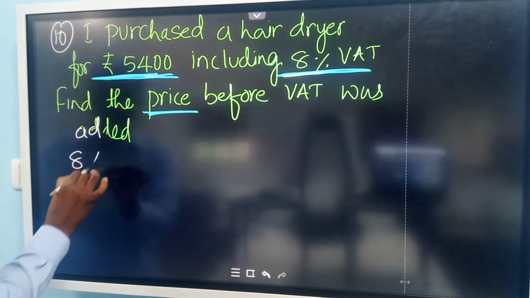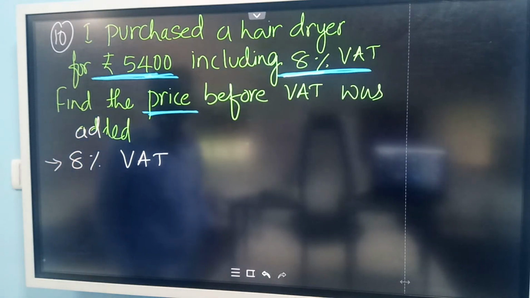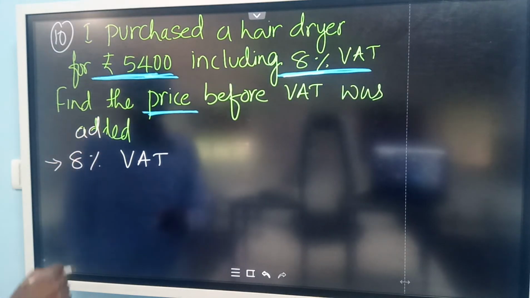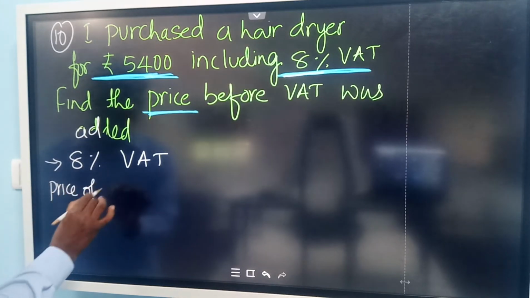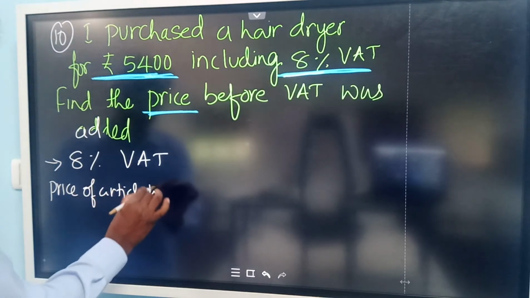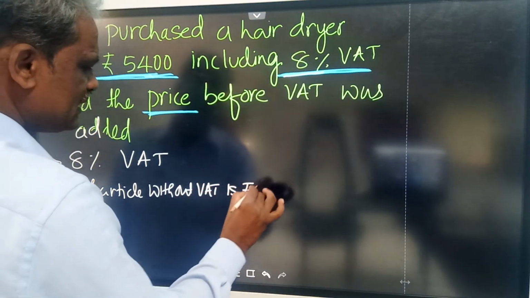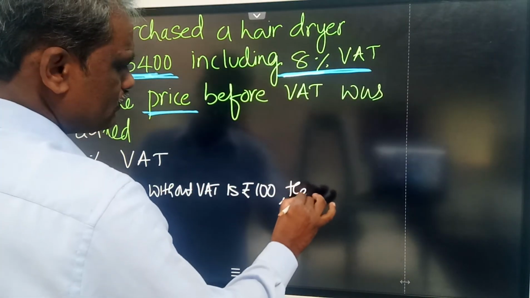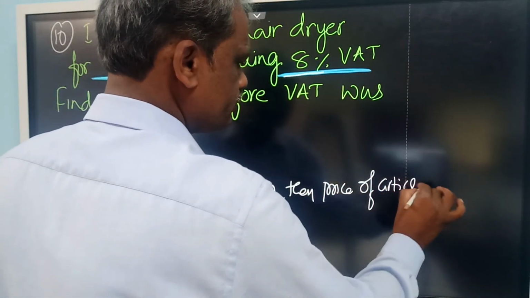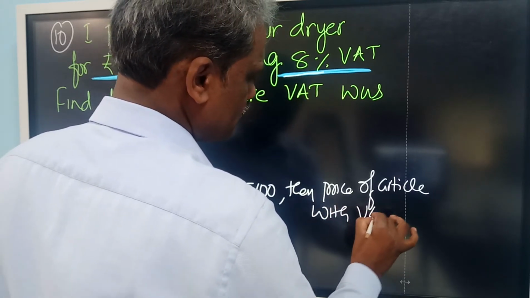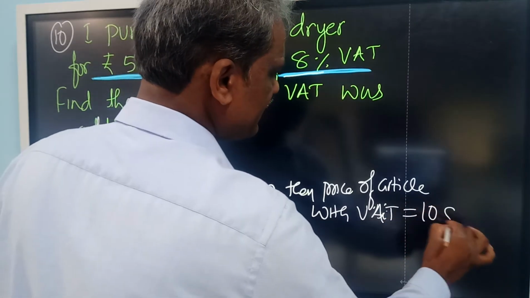See, 8% VAT means for every 100 rupees, 8 rupees will be included in that amount. So if the price of the article without VAT is rupees 100, then the price of the article with VAT is equal to rupees 108.